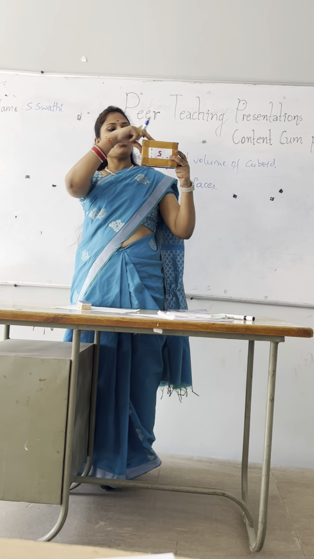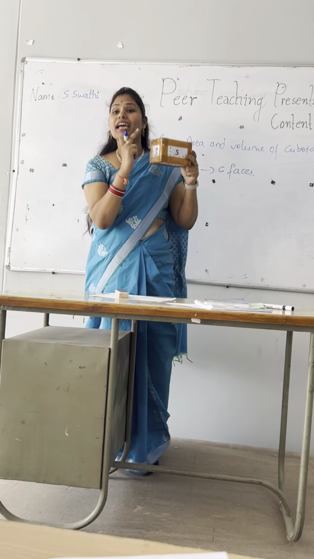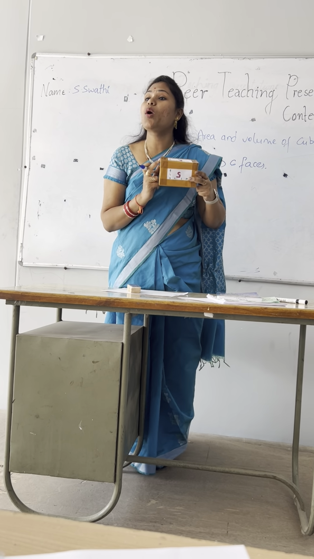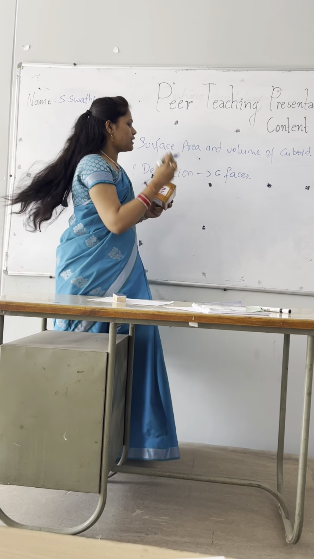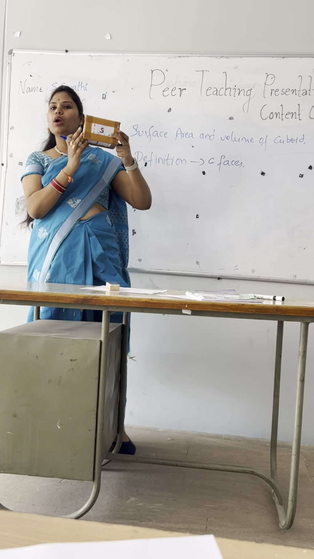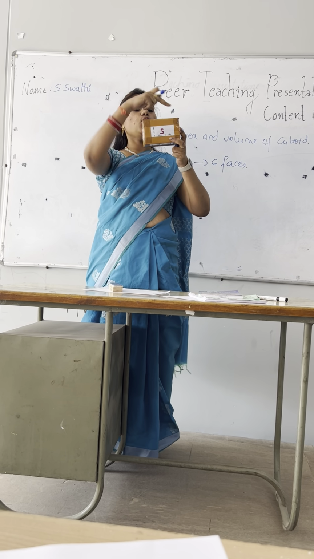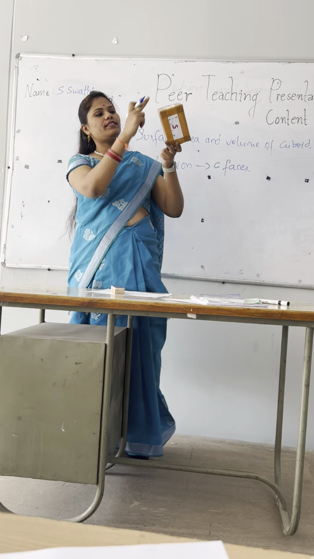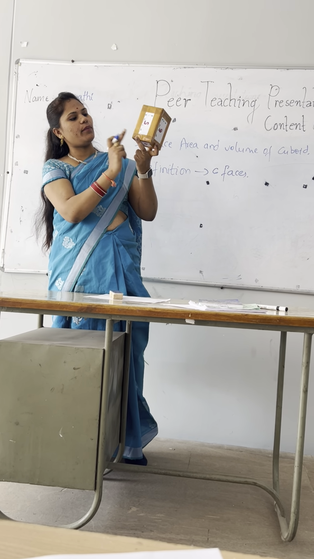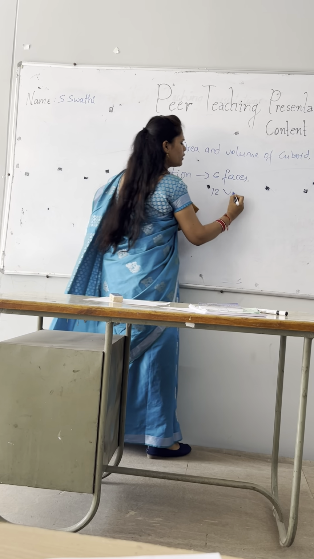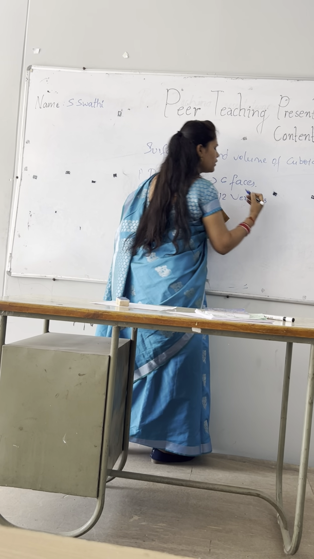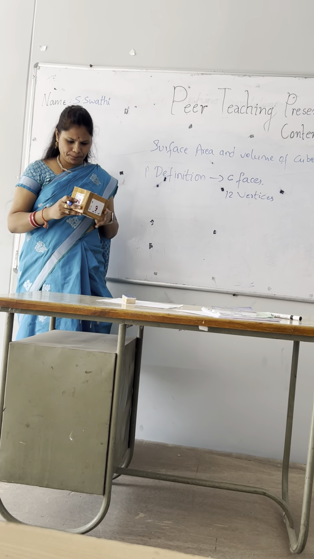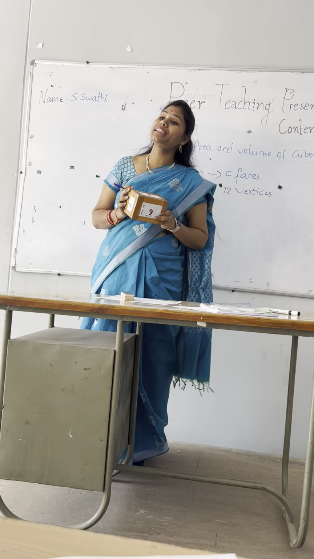So here we are separating with a brown line. This is called vertices. What is it called? Vertices. So we have 12 vertices here. If you want, we can count here. 1, 2, 3, 4, 5, 6, 7, 8, 9, 10, 11, 12. How many total? 12 vertices.